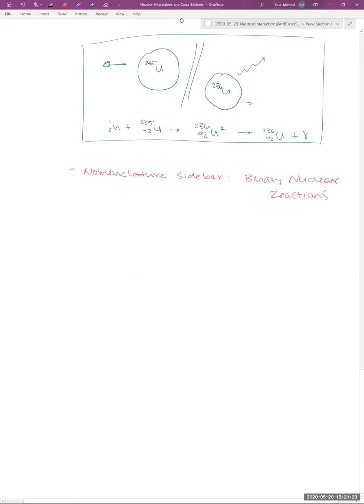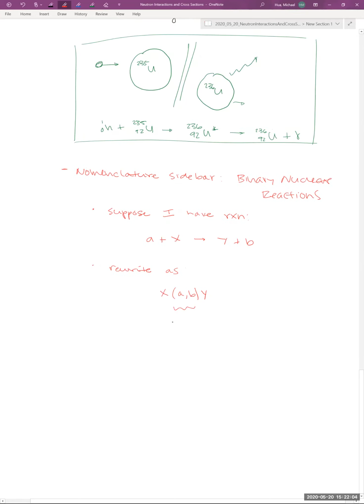So suppose I have the following nuclear reaction: some A plus X leading to a Y plus B. I can abbreviate this as X, and then A, B in parentheses, Y. And in this case, AB is the type of reaction.